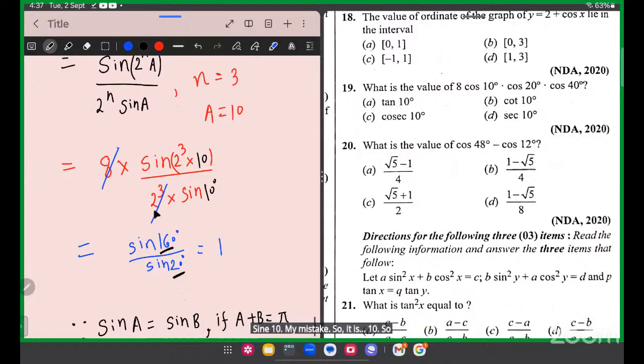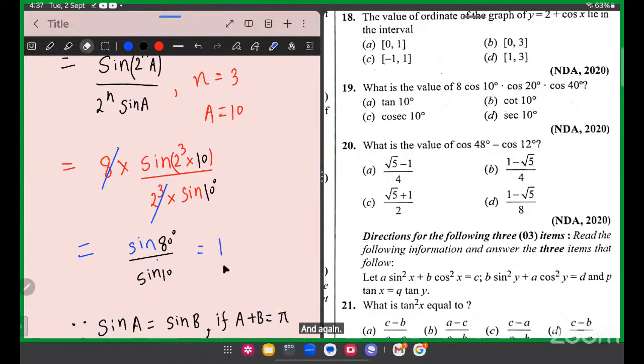So this is nothing but sine 80, right? And this one is sine 10.